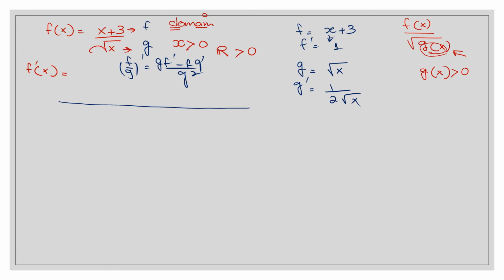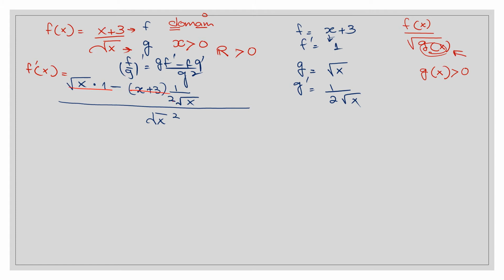So here g is square root x, f prime is 1, minus f which is x plus 3, don't forget to write it in the bracket, and g prime will be 1 over 2 square root of x, all over g square, so square root of x with the square.